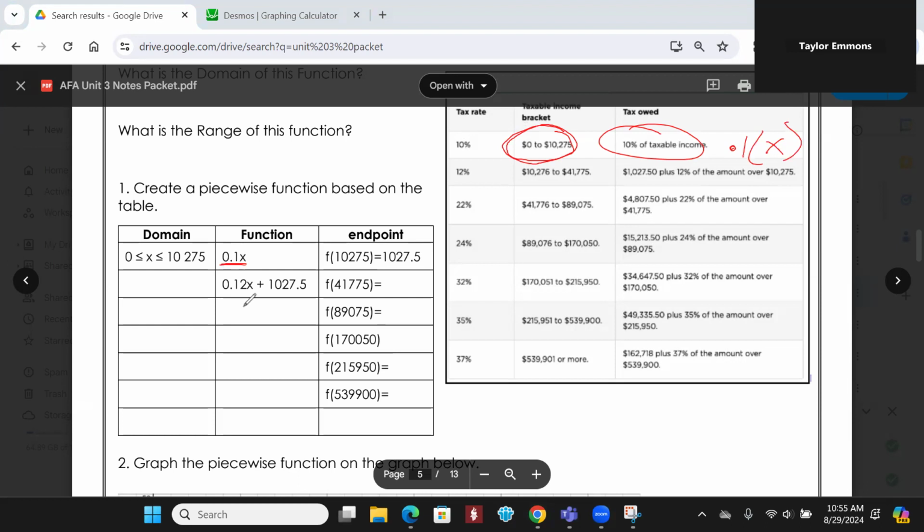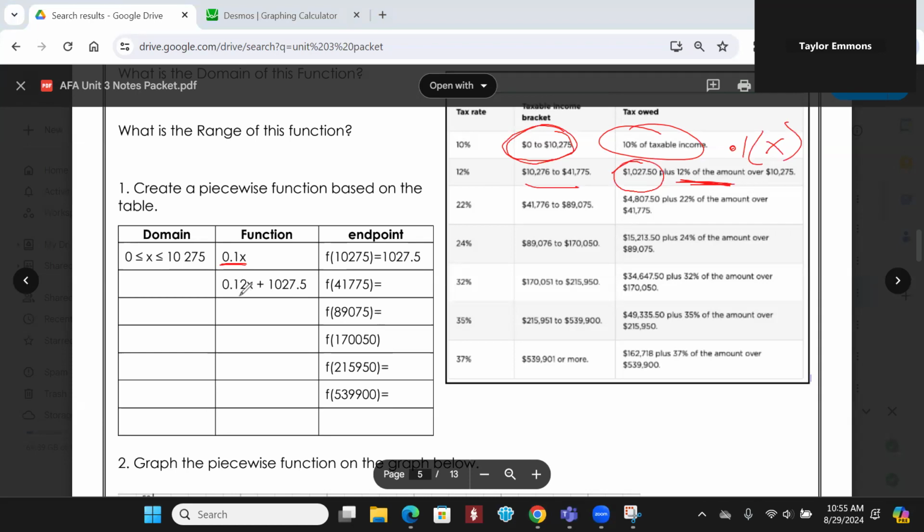Okay. On the next one, if we go up to this tax bracket, we would have the equation of 1,027.50 plus 12% of the amount over 10,275.